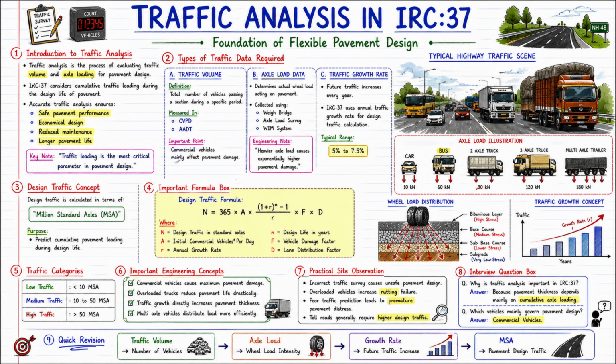Now look at the right side, typical highway traffic scene. Here is the mixed traffic: cars, buses, trucks, heavy commercial vehicles. And this is the actual Indian highway condition. Now look at the axle load illustration below.